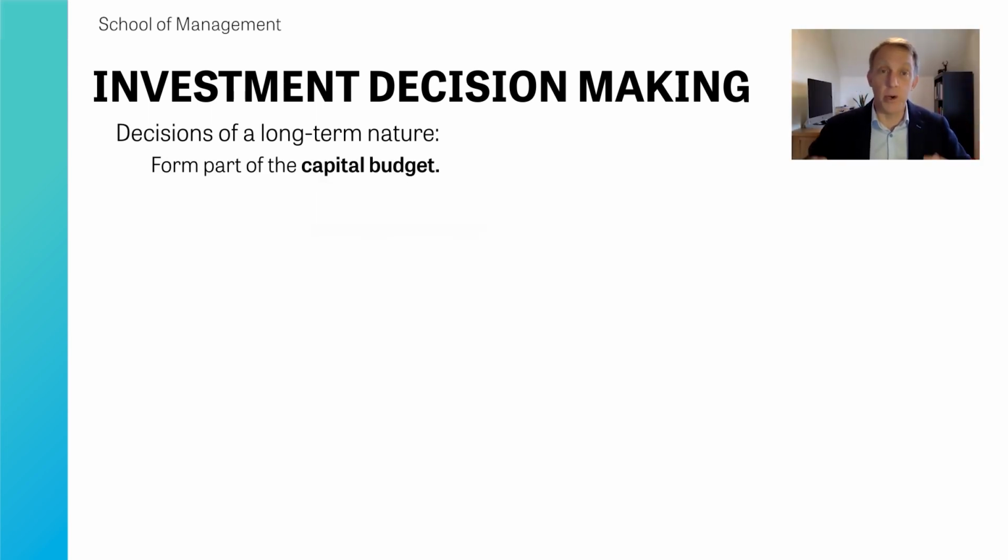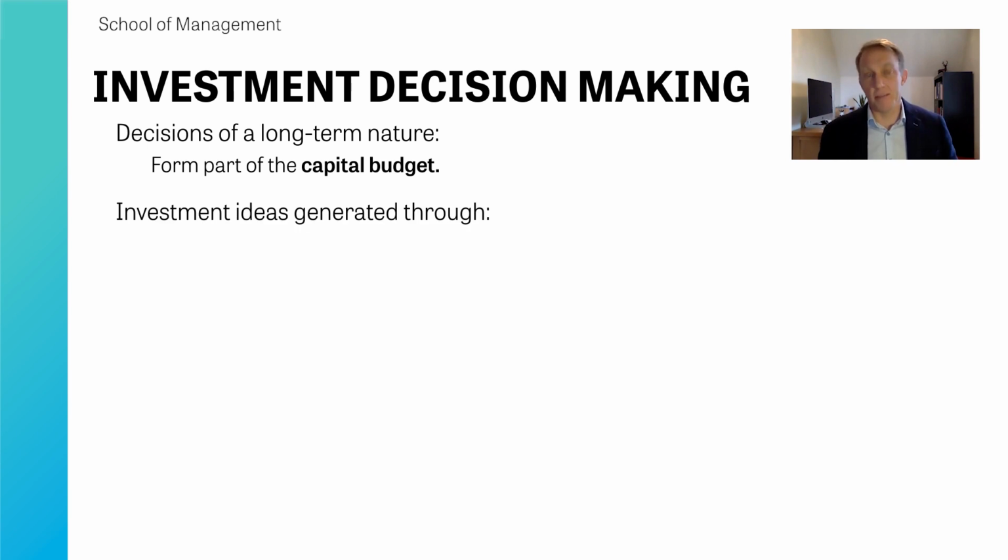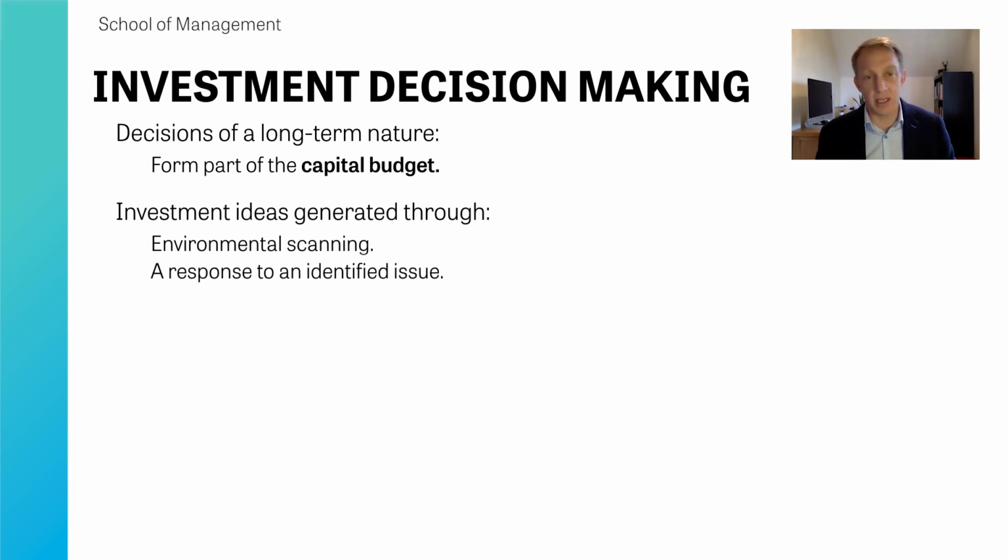So what are we going to be doing for the long term? Spending money now, investing for the long term. And we do this through being considerably aware of what's going on in the operations and in the organizational environment in which we're operating. Or we see, whoops, we've got an internal issue that we need to address.